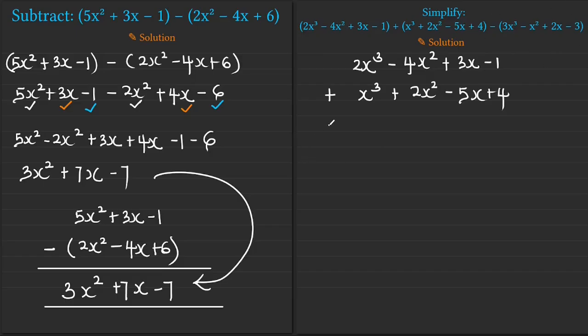This one is negative. You put your negative, then into bracket your 3x cubed plus, does it have a term in x squared? So it's minus, so minus x squared and then plus 2x and then minus 3. So this is what we have.